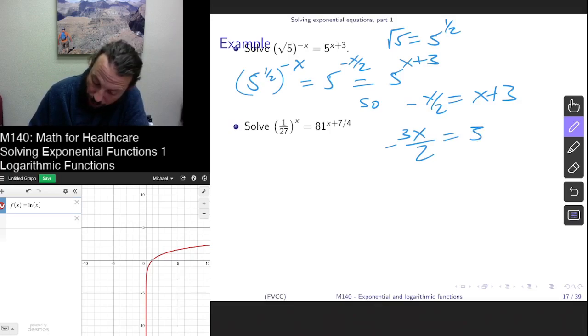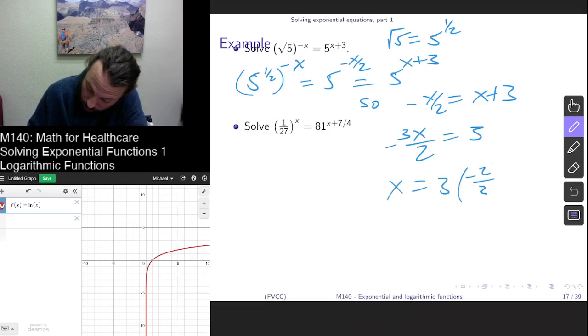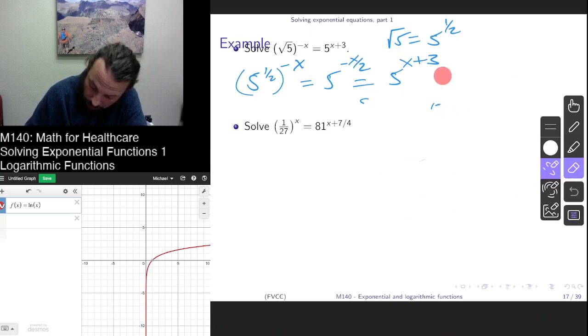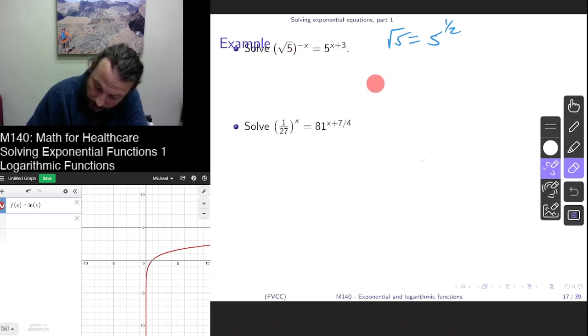Finally, we multiply by our reciprocal, and so x equals 3 times negative 2/3, which is equal to negative 2. A little more complicated. The square root one is a little reminder: square root of 5 equals 5 to the 1/2. Now, just to get that out of my way, how about this next one?